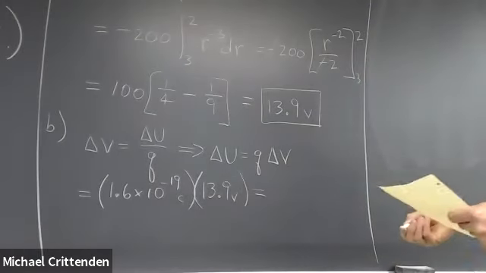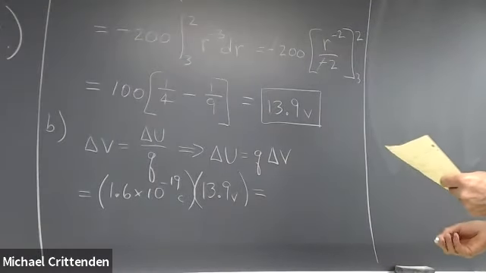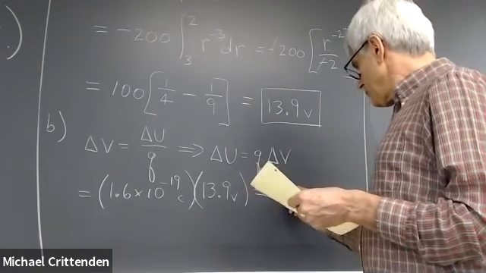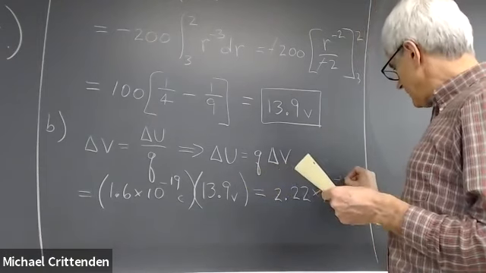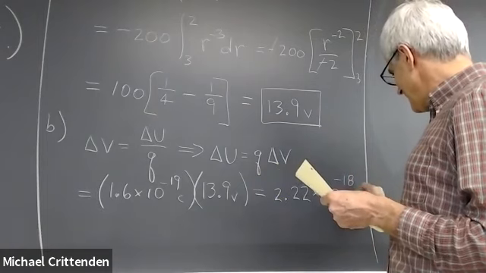Potential difference is the answer from part A. You multiply those together. 2.22 times 10 to the negative 18.